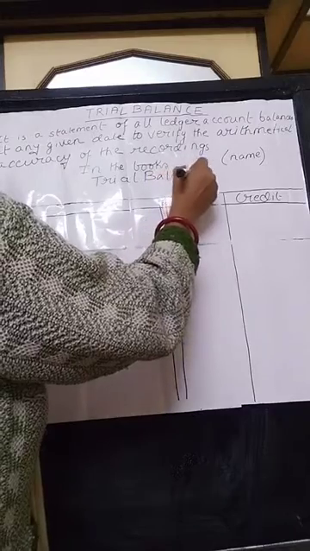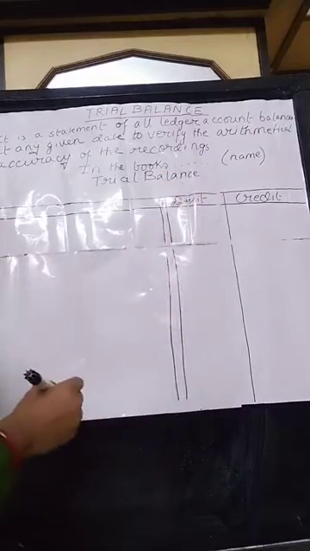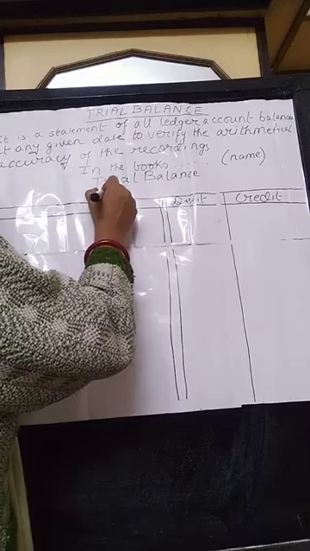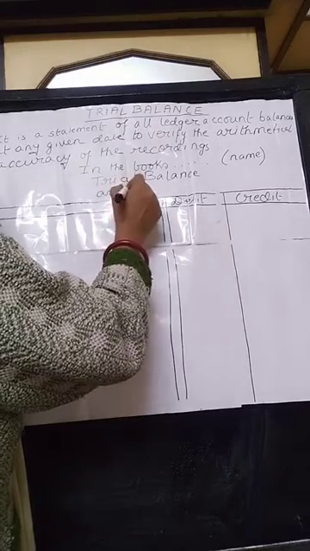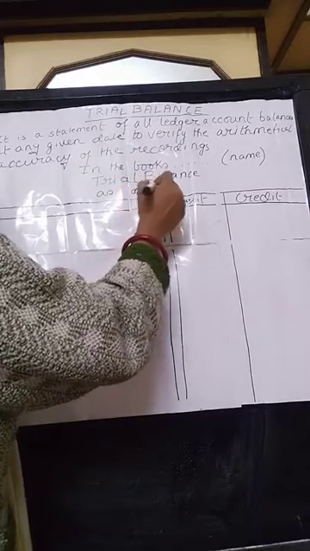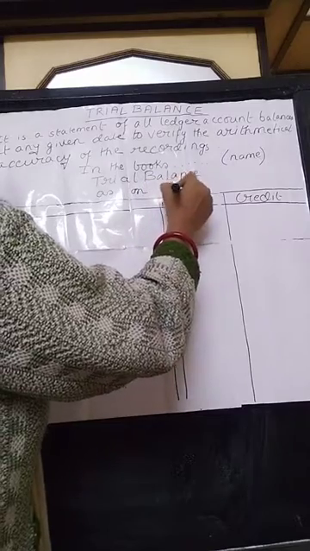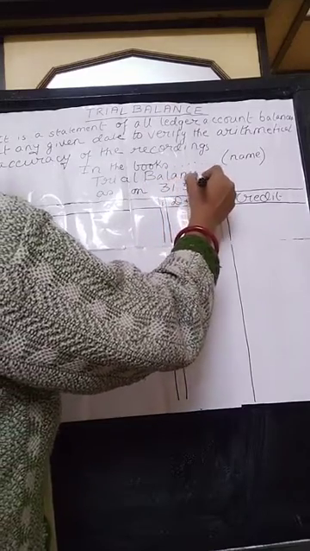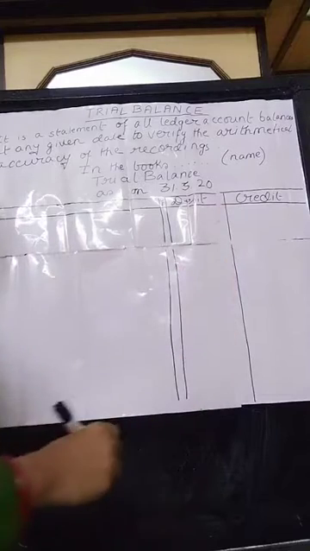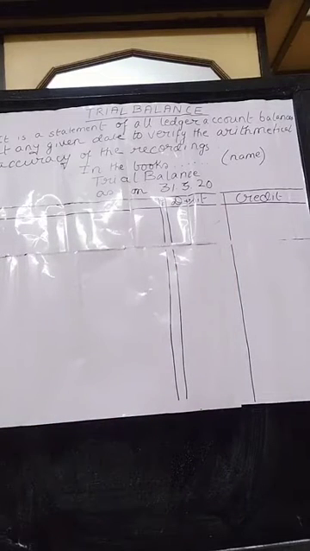And finally you have to write down the date as on 31st March 20. This is the format of a trial balance. This is how you have to draw the format of the trial balance.